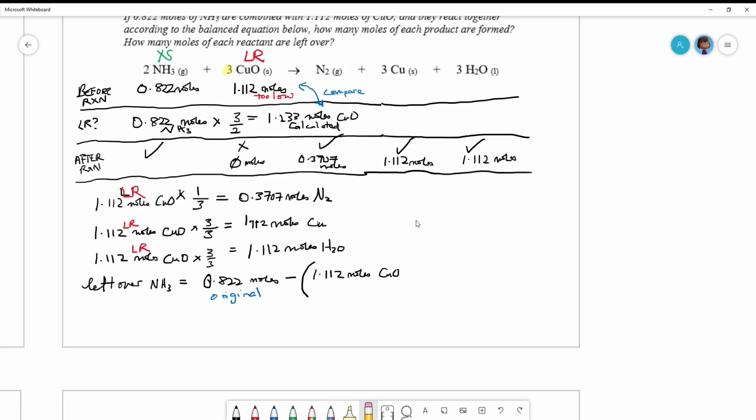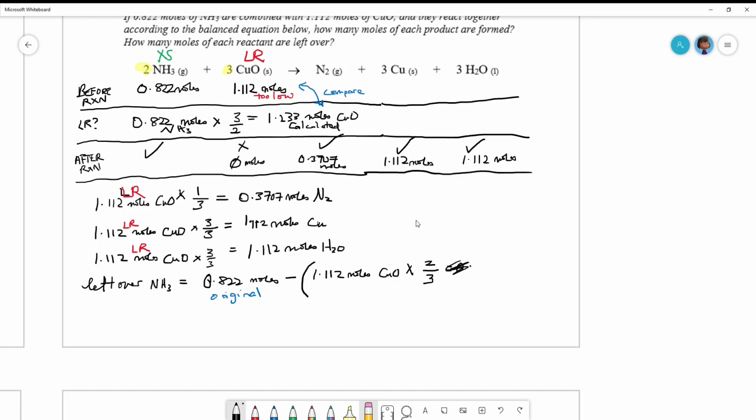Well, we work that out, this time using the 3-to-2 relationship here. So I know that for every 3 copper oxides that react, we get 2 ammonias. There's that 2-to-3 ratio.